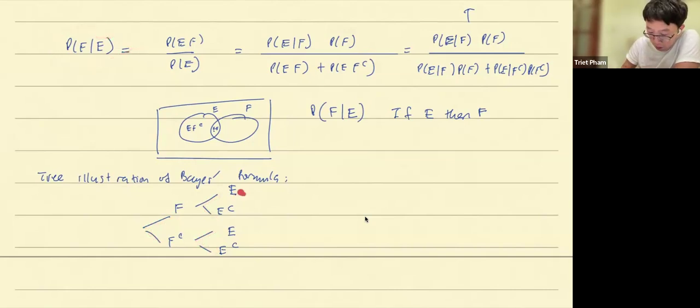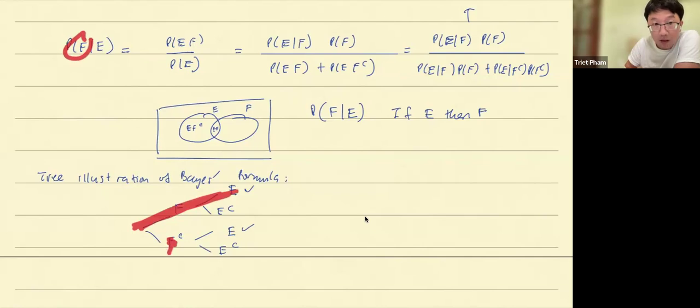You are observing that you're on either of these branches because you know that E happens. And you ask, what's the probability that I'm along this branch, because you want F, not F complement.